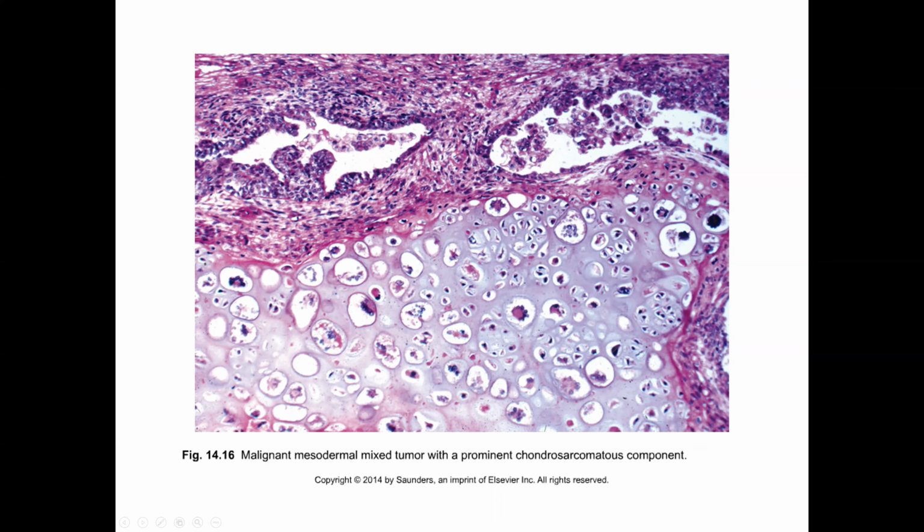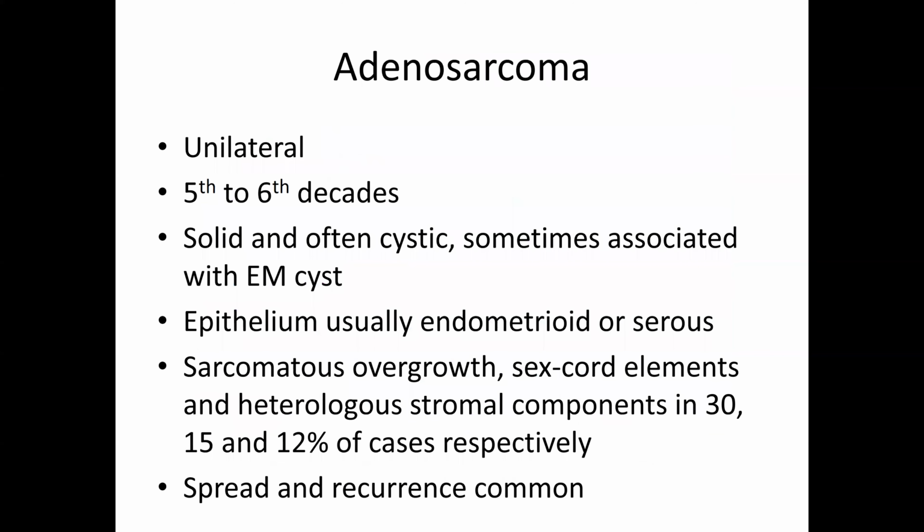Now, there's another tumor that needs to come into consideration here, which occasionally can be seen in the GYN tract, more frequently probably in the cervix and uterus, but occasionally in the ovary as well, and that's the Mullerian adenosarcoma.